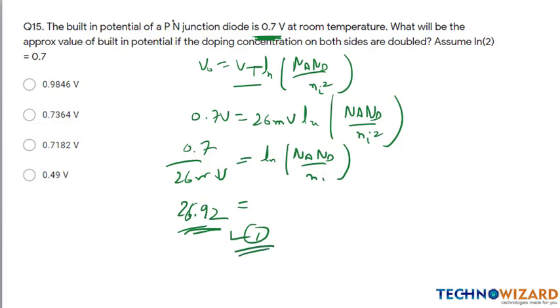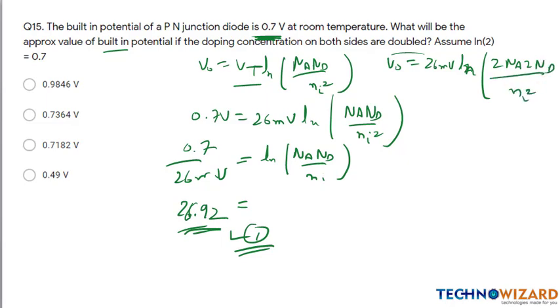What will be the approximate value of built-in potential if the doping concentrations, that is the acceptor density and the donor density, are doubled? Then now the equation will be Vt, 26 millivolt, times ln of 2 Na 2 Nd upon Ni square.